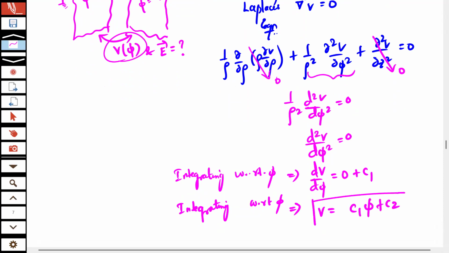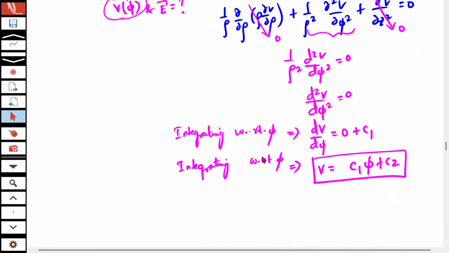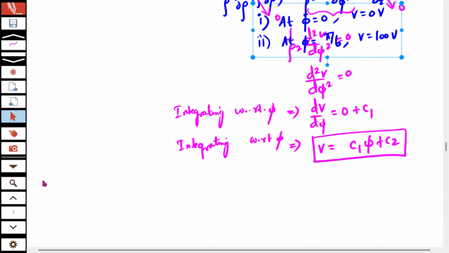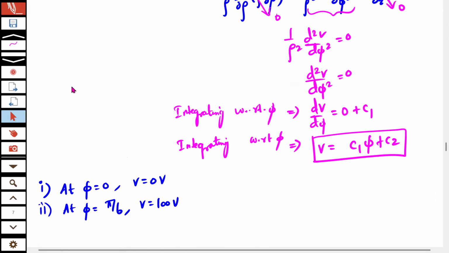Now this angle phi should be used in radians. We already have the boundary conditions. We can apply the boundary conditions and find constants C1 and C2. After getting C1 and C2, we can find the expression for electric field intensity as well.